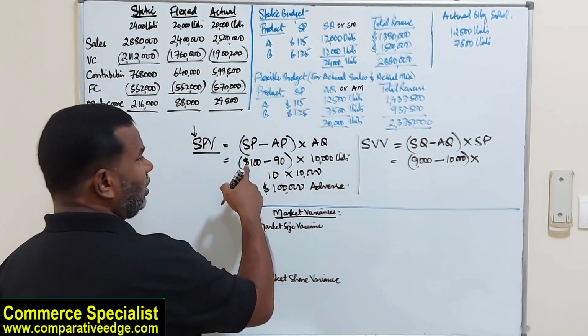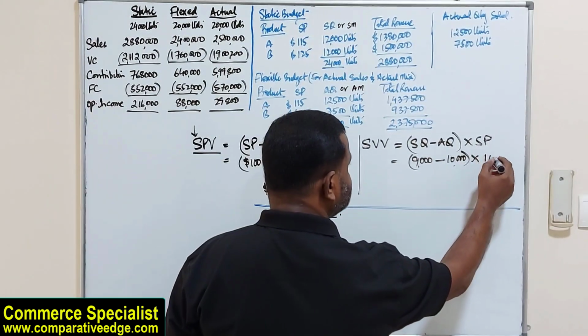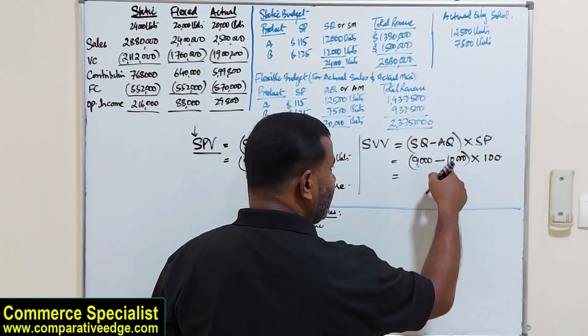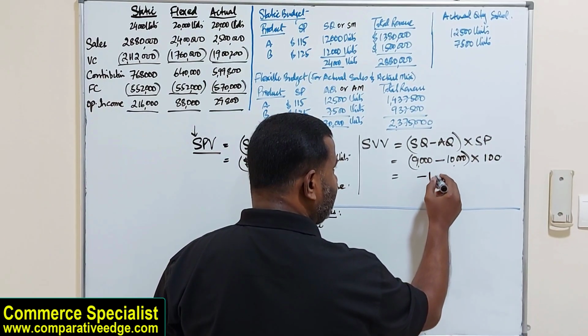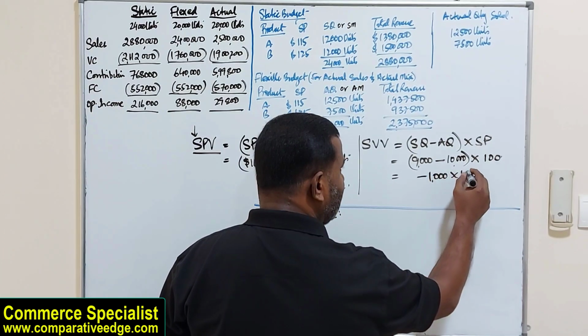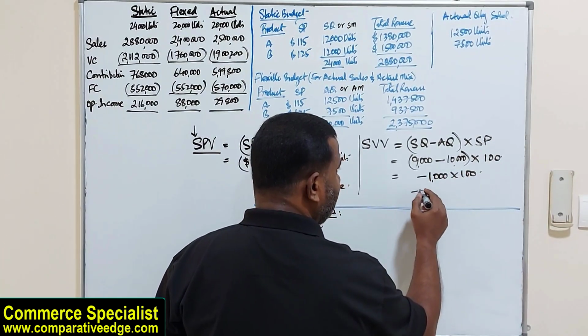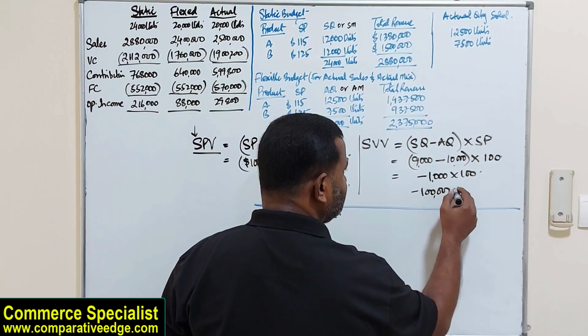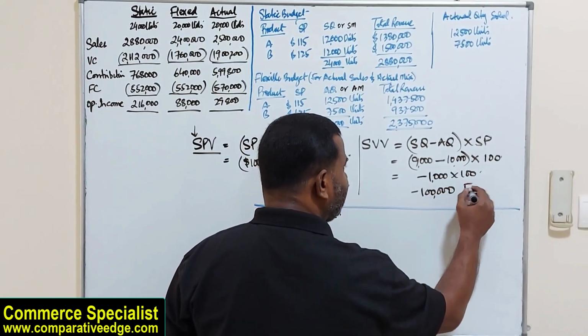Standard selling price 100. So 9,000 minus 10,000 gives minus 1,000, and when we multiply by 100, we get minus 100,000. This will be a favorable variance.